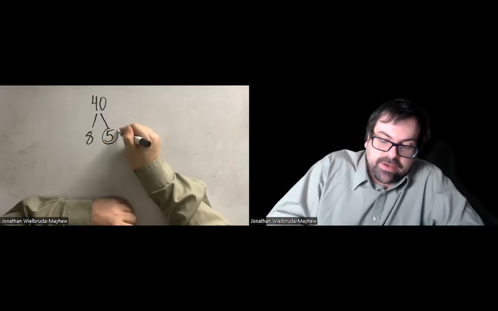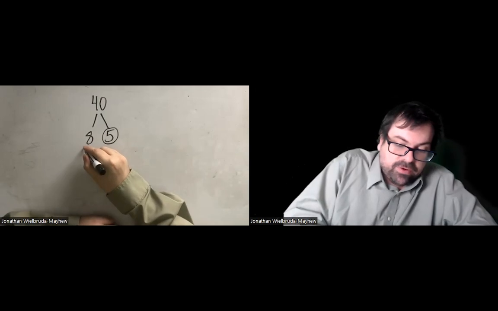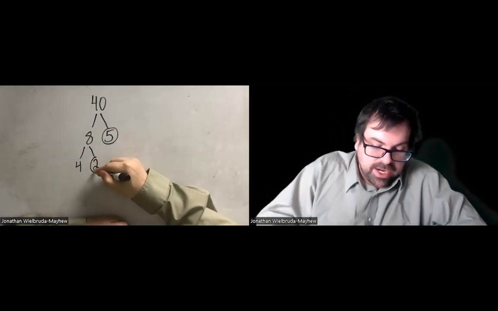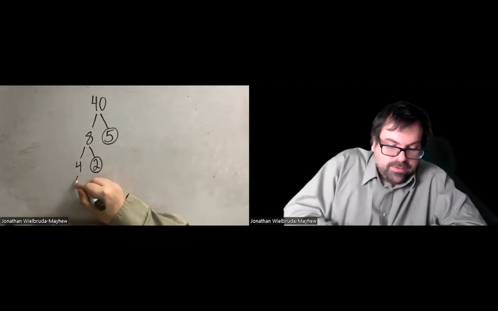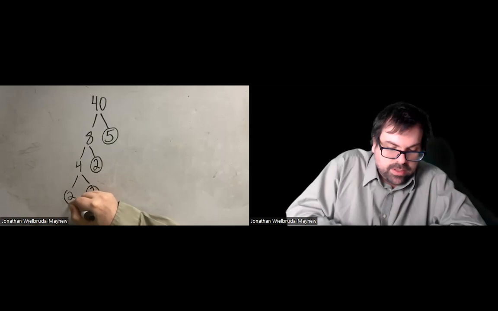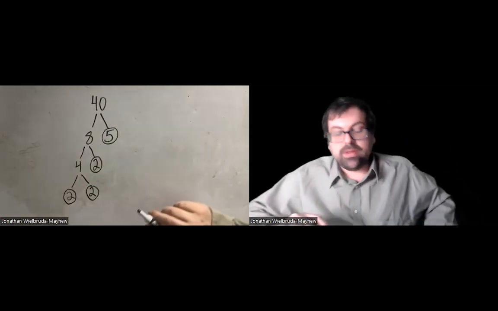The only thing that we can get multiplication-wise to give us 5 is 5 times 1. But we can factor 8 further as 4 times 2. 2 is prime. 4 can be factored further to 2 times 2.